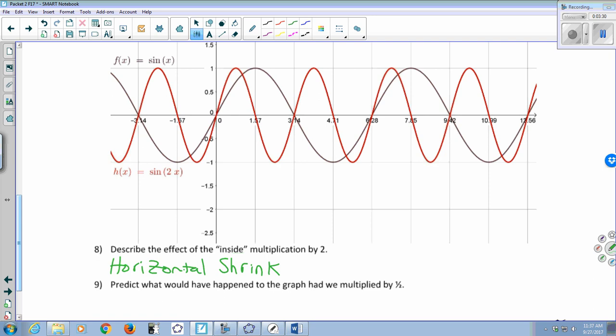So let's measure the distance from peak to peak and see if that can tell us how much we squished. So on my original, I have a peak from there, and then my next peak is over here. So peak to peak, that distance is 1.57 to 7.85.